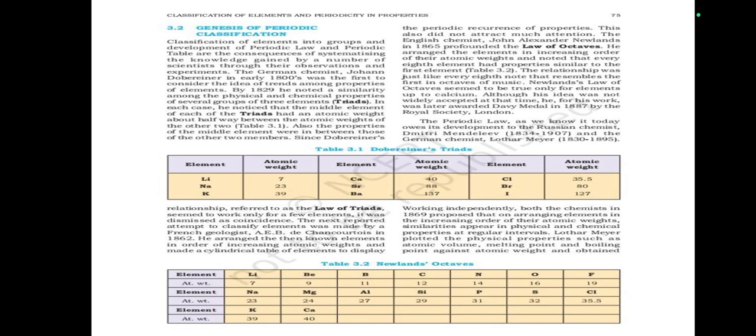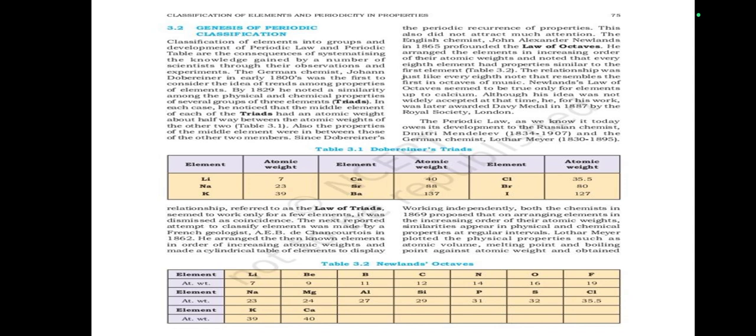Newlands' law of octaves seemed to be true only for elements up to calcium. Also, his idea was not widely accepted at that time. He was later awarded the Davy Medal in 1887 by the Royal Society, London for his work.